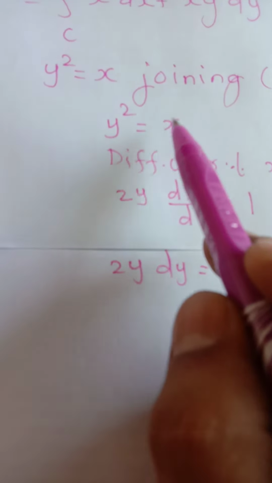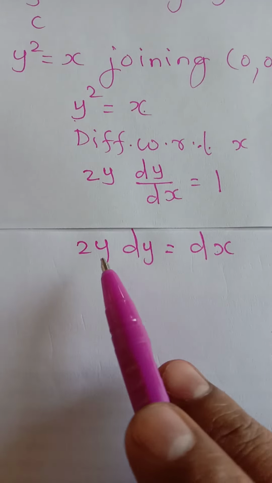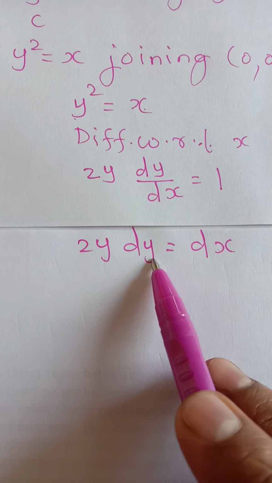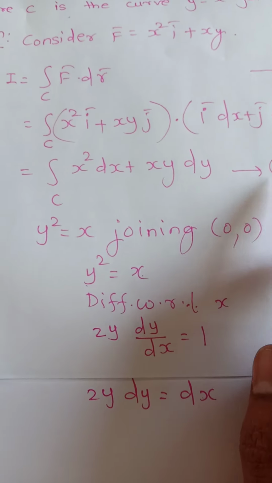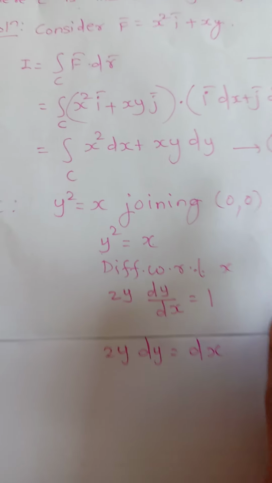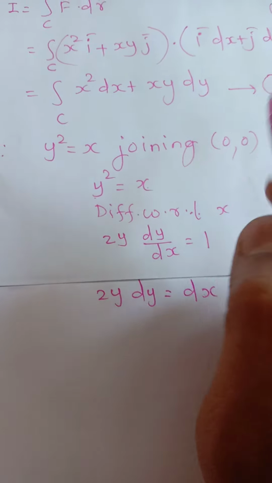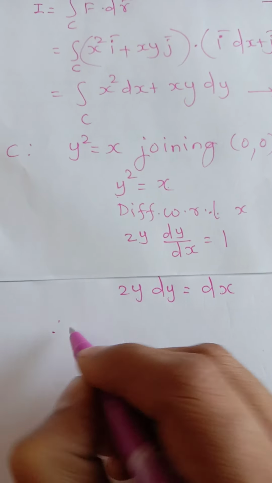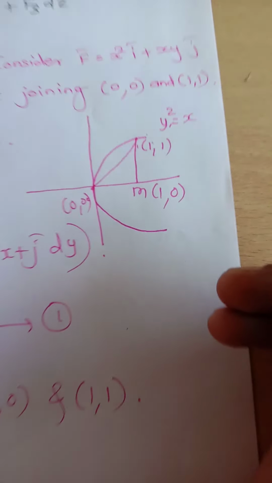So we substitute x is equal to y square and dx is equal to 2y dy in equation number 1, so all these variables convert into y. Therefore the limit of y varies from 0 to 1.